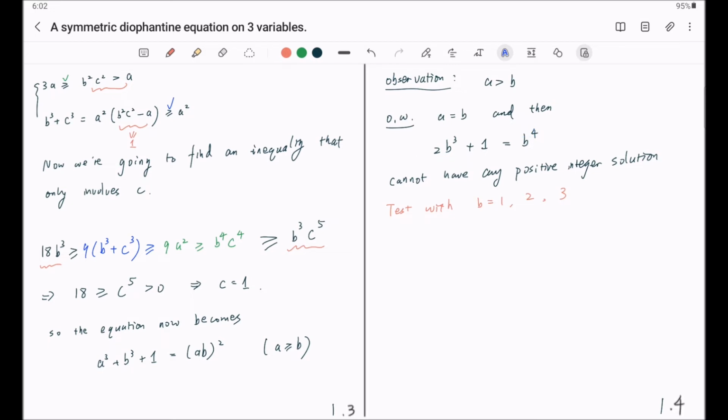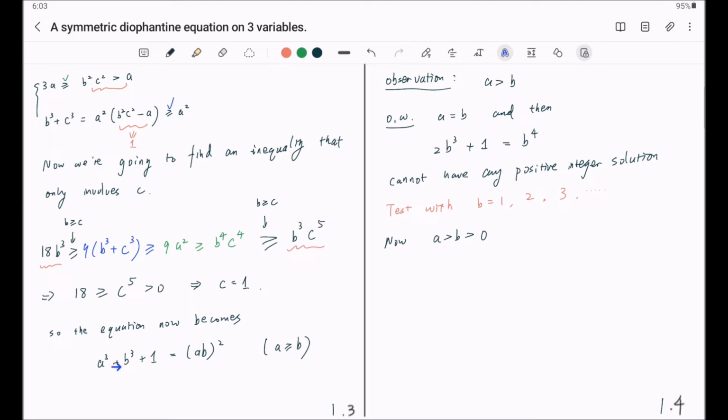But the left-hand side is 1 plus 2 times 27. Still they are not equal. And we just keep going. I think starting from B equal to 4, the right-hand side will be bigger than the left-hand side, obviously. So now you can assume A is bigger than B, bigger than 0.